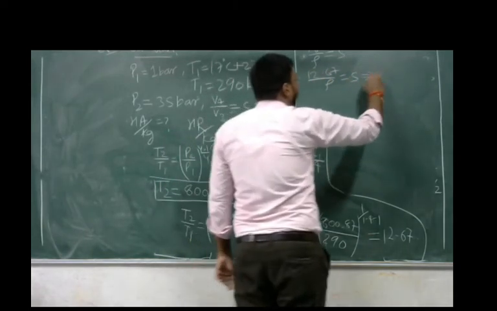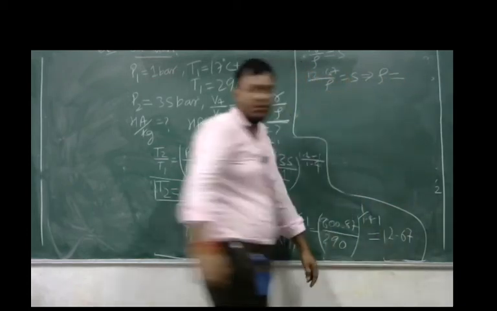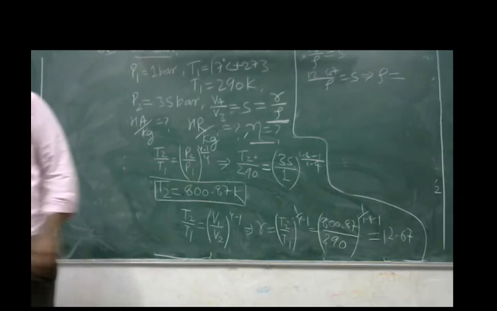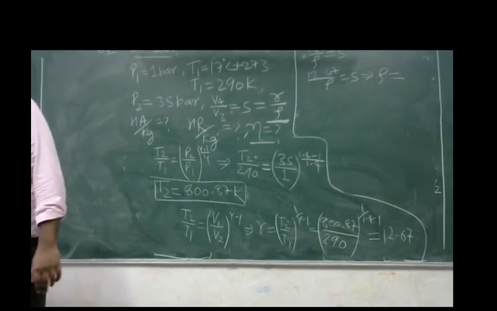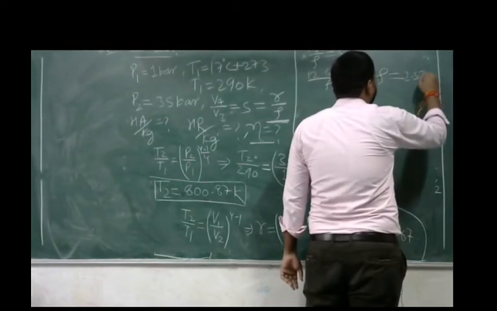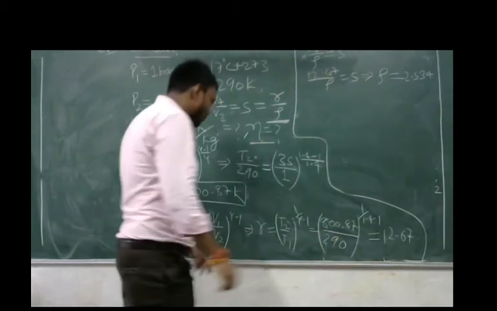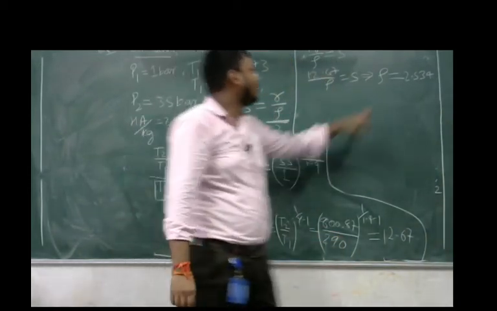So rho equals 12.67 divided by 5, and we get rho equal to 2.534.